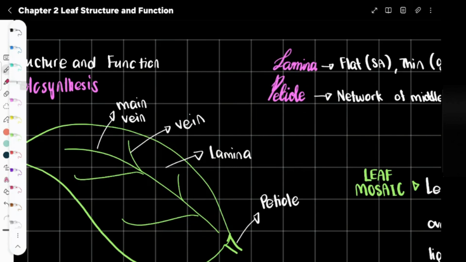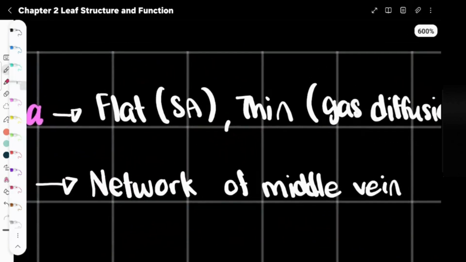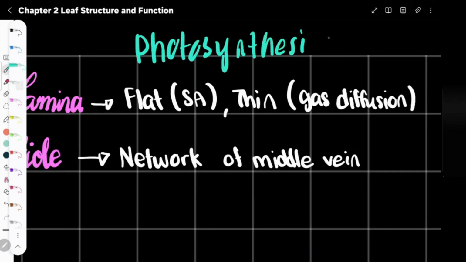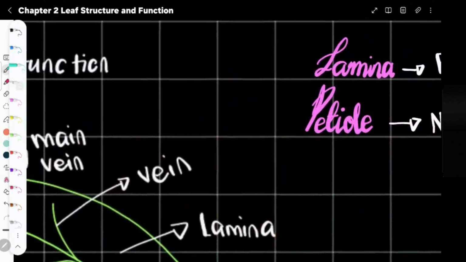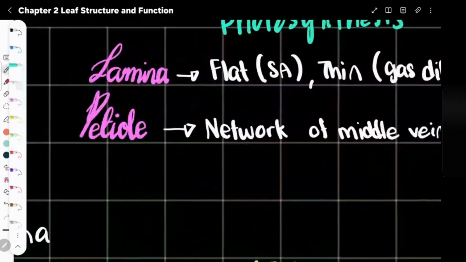And this function you can use anywhere, and common sense as well. So think of photosynthesis. I just said photosynthesis, right? So they ask you what is the function of lamina. Lamina is this thing here. Lamina is the top, not the top lah, but the sheet lah.